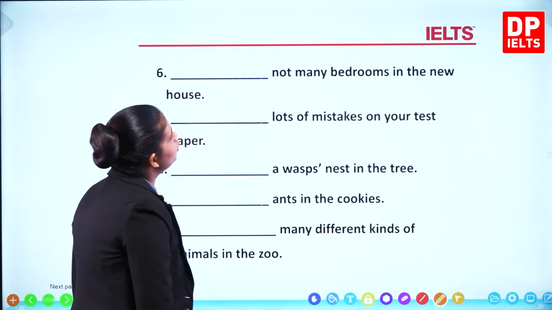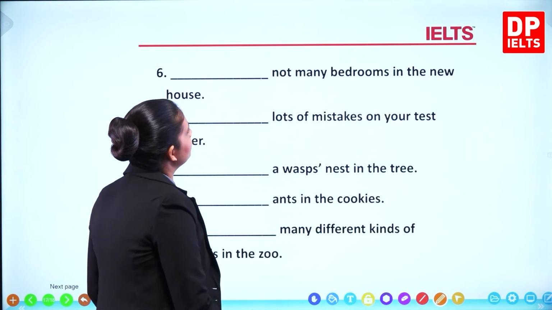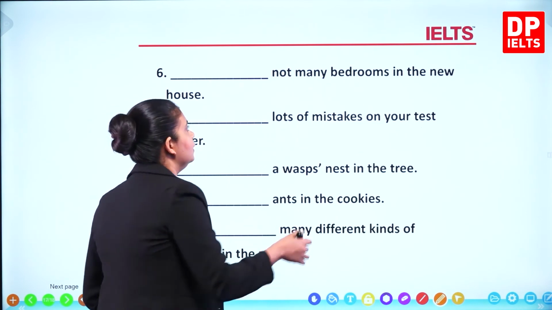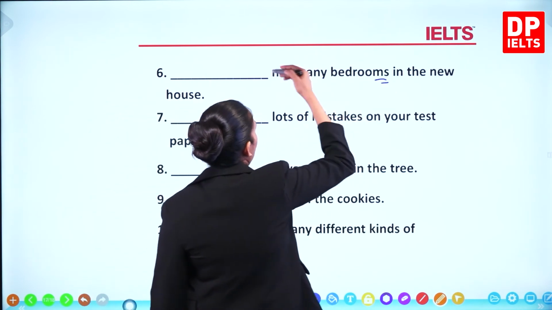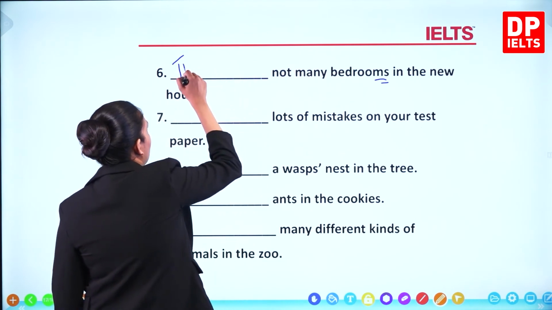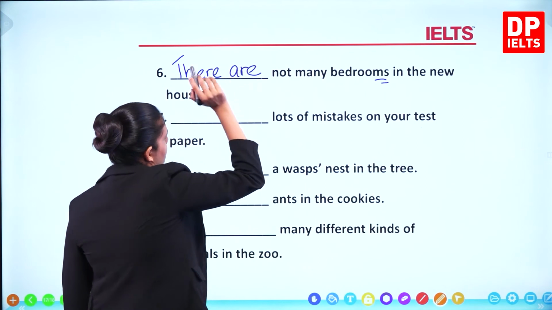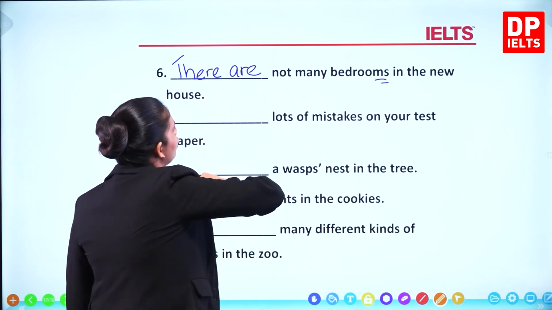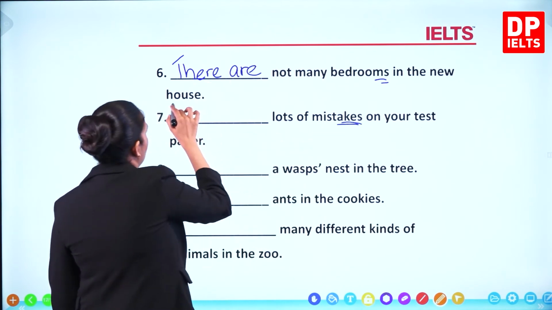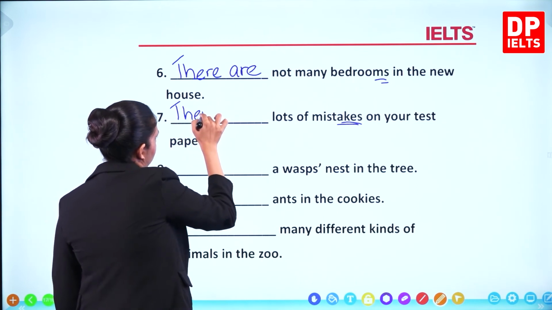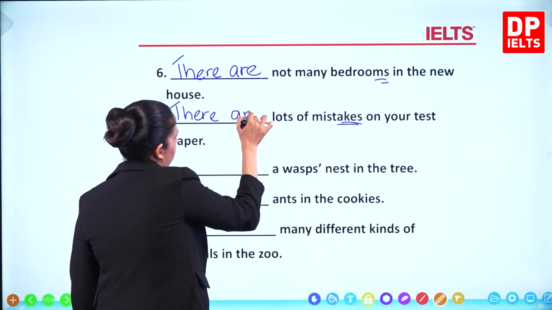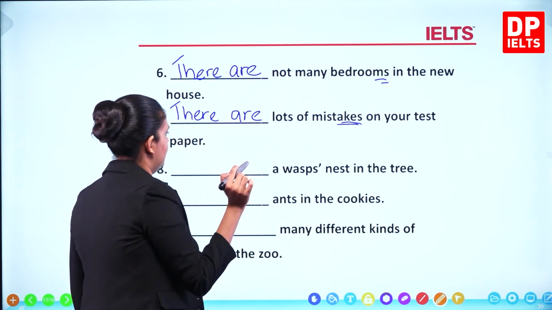Right? Not many bedrooms in the new house. Many bedrooms. So there are not many bedrooms in the house. Lots of mistakes. So there are lots of mistakes.